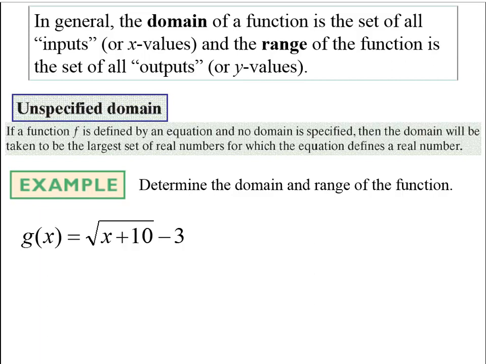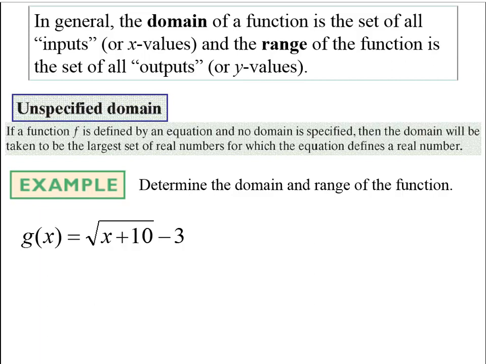I only want real valued outputs. For example, if I pick x equals -20, I get -20 plus 10, which is the square root of -10. So when I plug x equals -20 in, I'm getting the square root of a negative, so x equals -20 is not in the domain of this function.